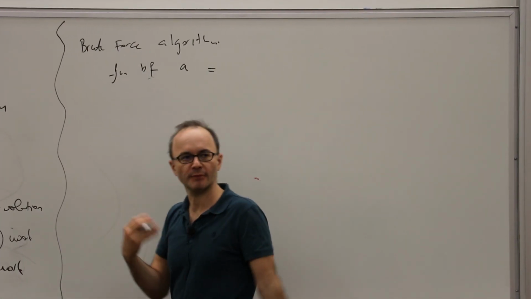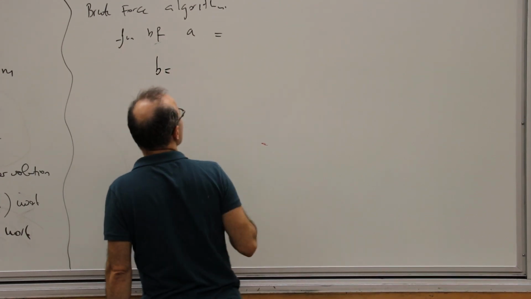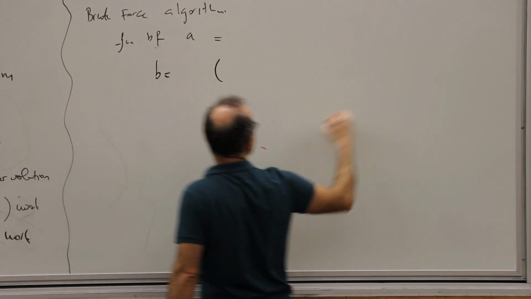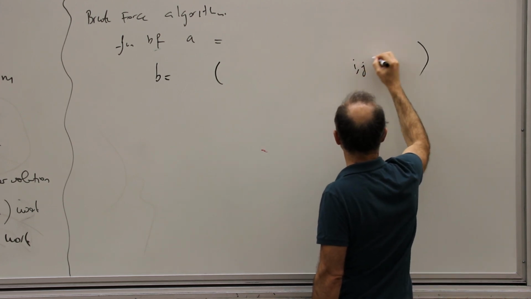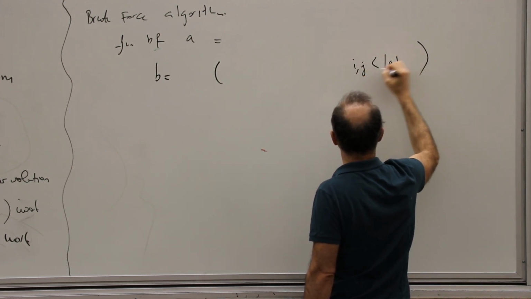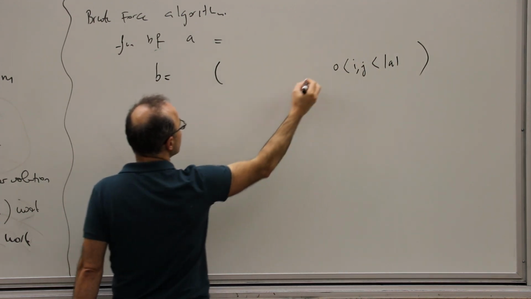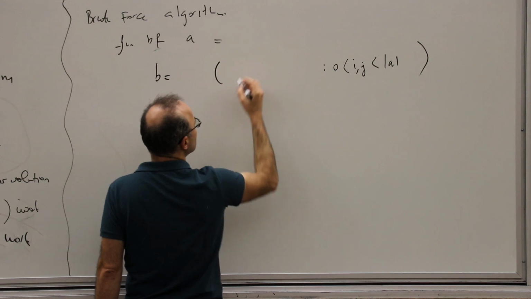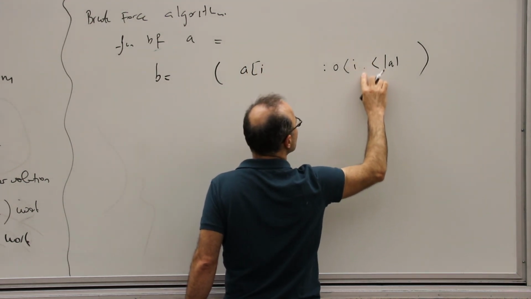We can do that by tabulate. I'm going to use sequence comprehension syntax. I'm going to say for i, j between 0 and length of A, consider all subsequences. Let's be more precise here.